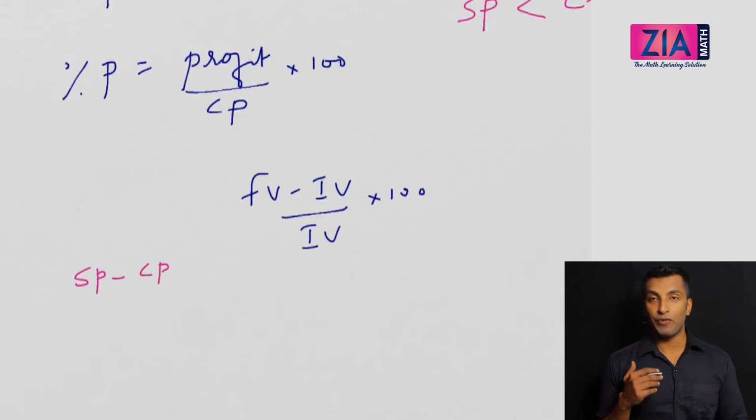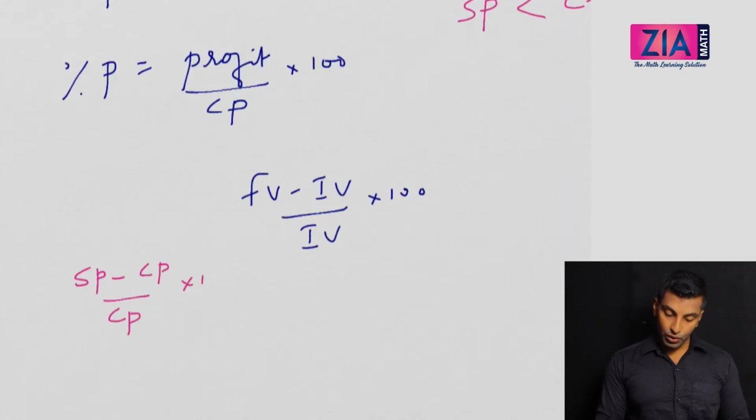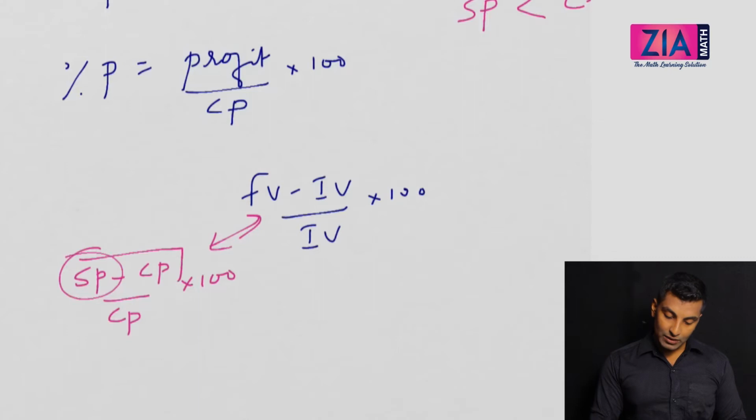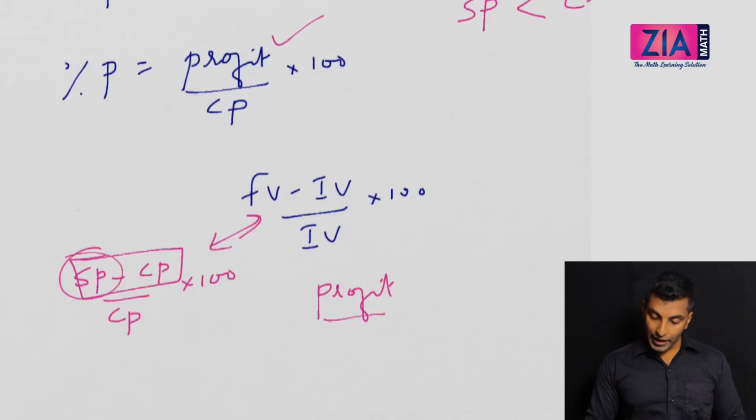So selling price is the final value, cost price is the initial value, so here also cost price into 100. Exactly the same thing, only there is a change in the way you represent it. So here selling price minus cost price is your profit. That's why profit divided by cost price into 100.